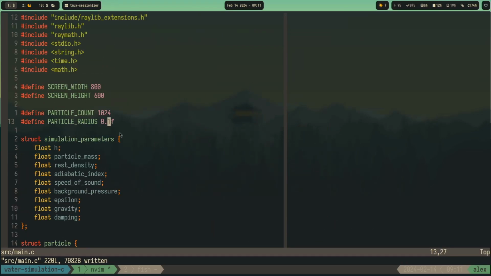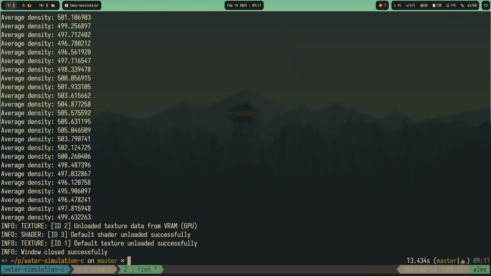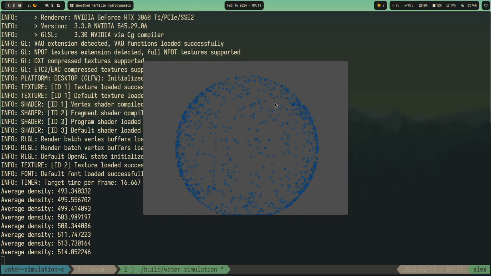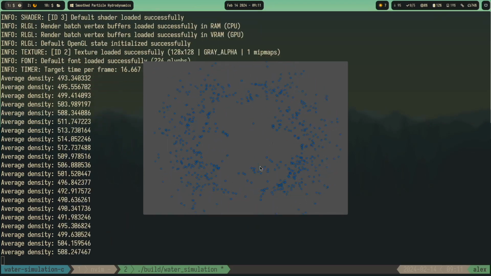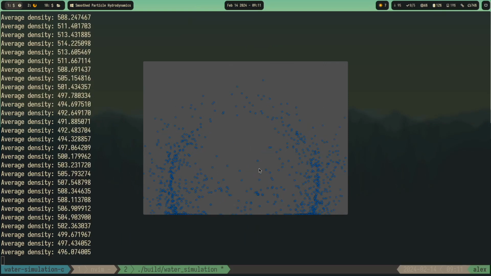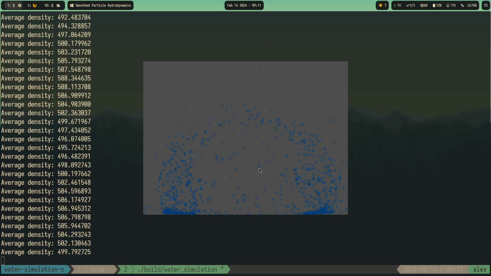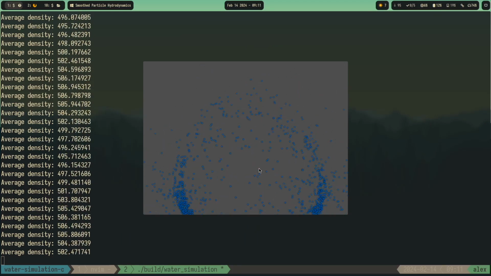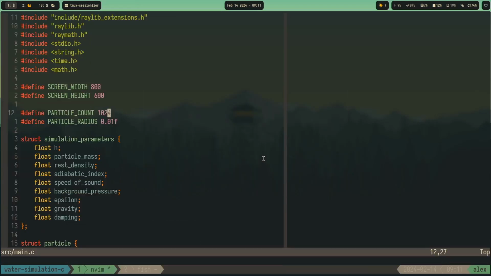Yeah, I maybe should have put these parameters in the same place. I wanted to view it better. I don't know what to say about that. 512.